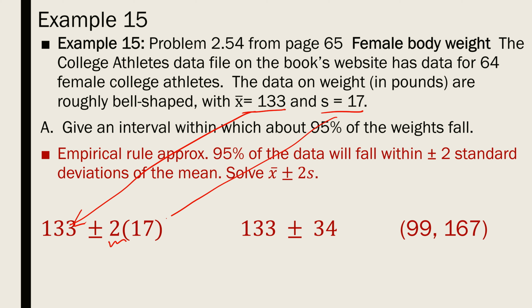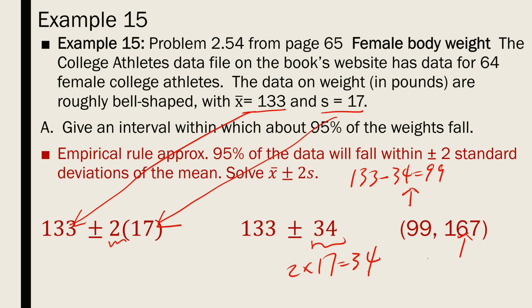And we put the 17 here. 2 times 17 equals 34. 133 minus 34 equals 99. 133 plus 34 equals 167.